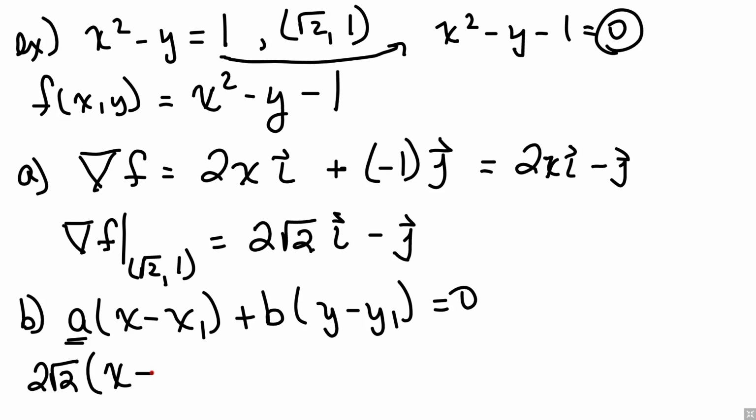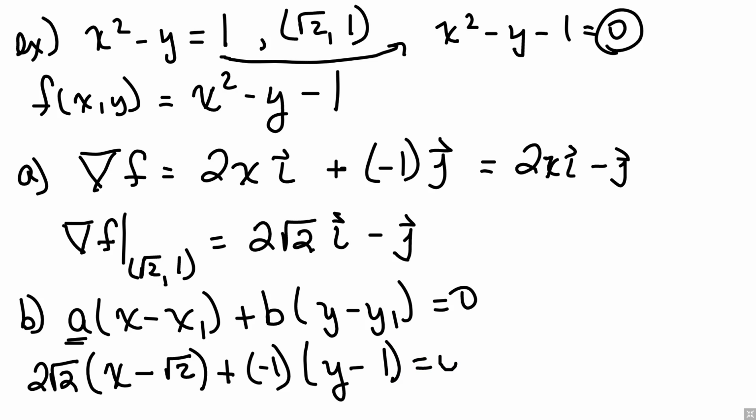Then we're going to have x minus x sub 1, the x coordinate of the point, which is the square root of 2. Plus b is going to be associated with the j component, which in that case has coefficient -1. So we're going to have y minus y sub 1, which is 1, equal to 0.